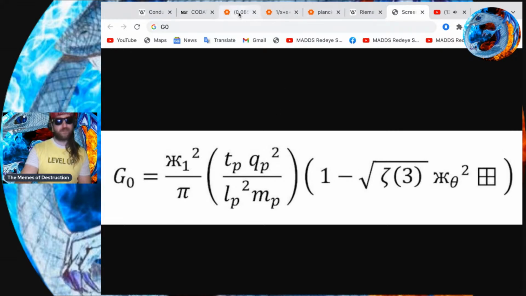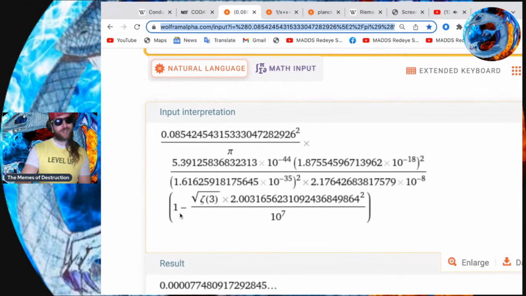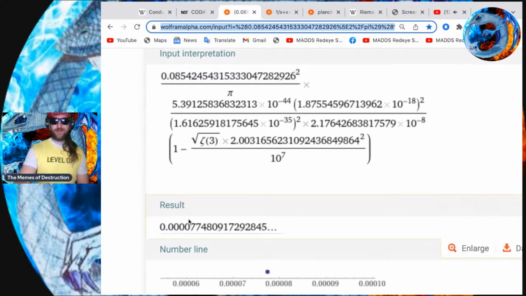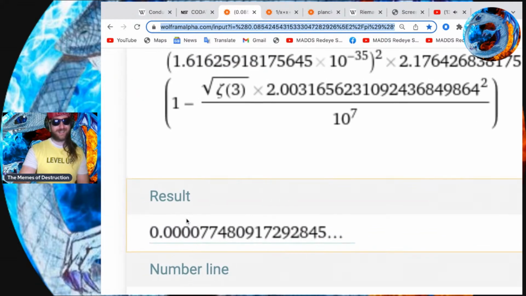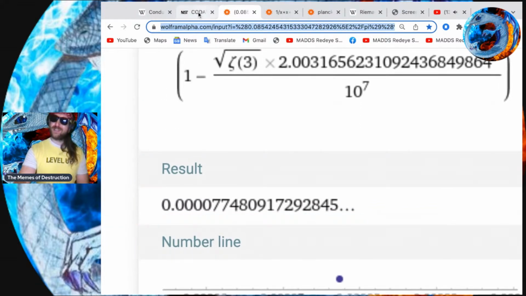Cool. We go to our terminal action there. Again, this is 1 minus the square root of zeta of 3 times that number we had over there, J theta squared, and it's 10 to the negative 7, so notation-wise we divide by 10 to the 7. And we come up with this number here, the number we're looking for.